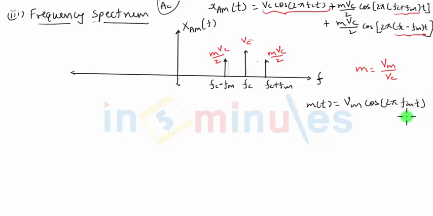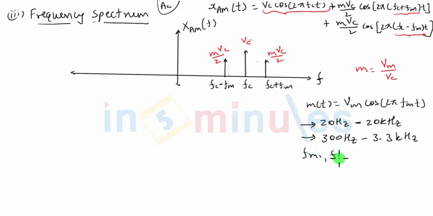It's a single frequency. In practice, any modulating signal will consist of many frequencies. For example, if it is an audio signal, it will consist of frequencies from 20 Hz to 20 kHz. If it's a speech signal, it may consist of frequencies from 300 Hz to 3.3 kHz approximately, and so on. And hence there will not be only a single fm, there will be multiple modulating frequencies, fm1, fm2, fm3, etc., and hence multiple frequencies on both sides.